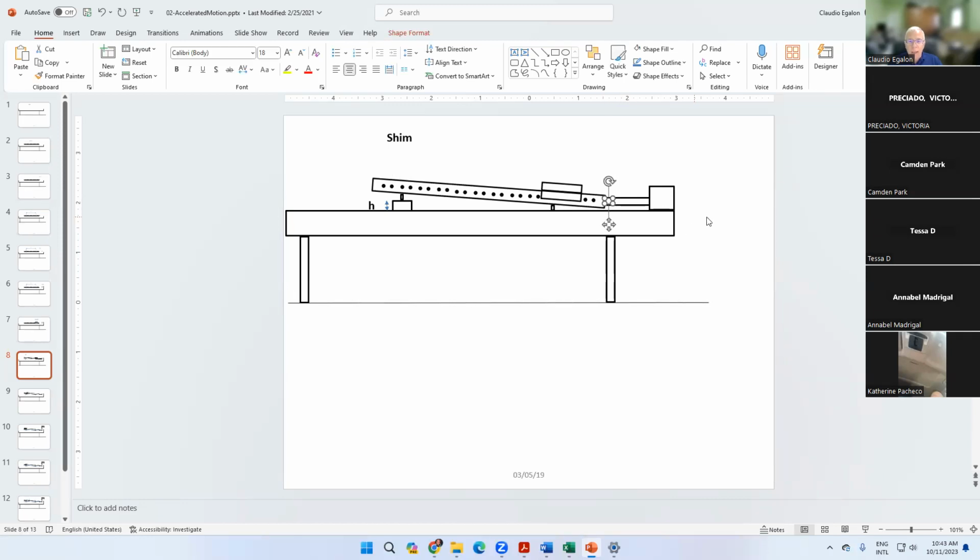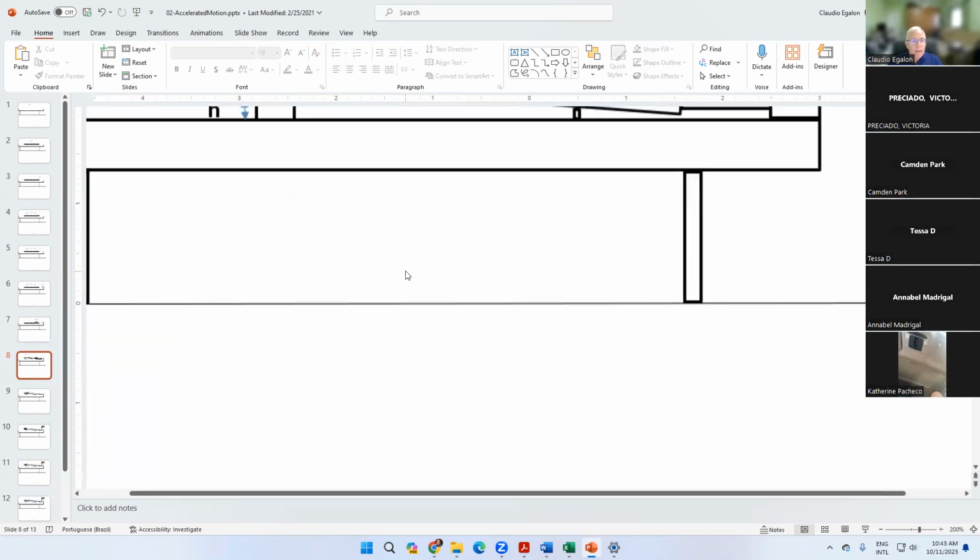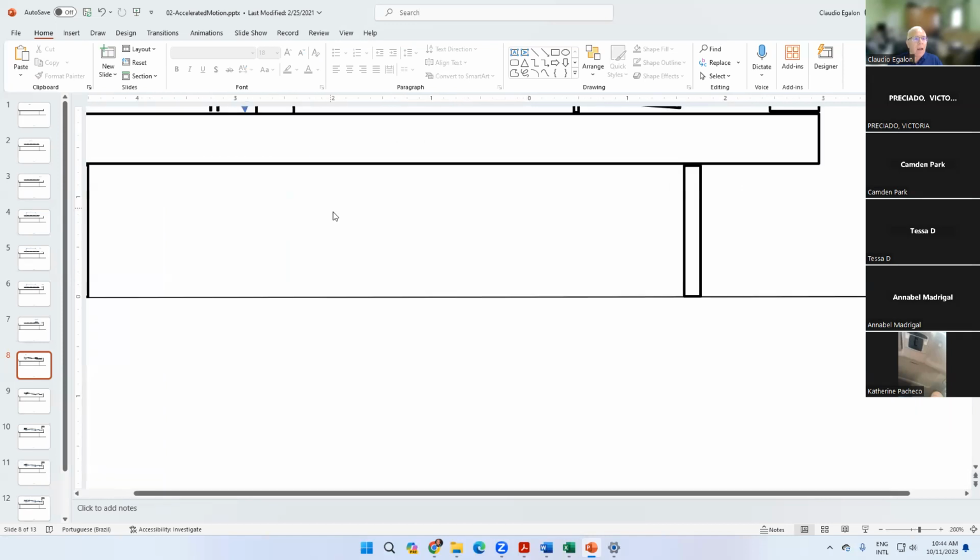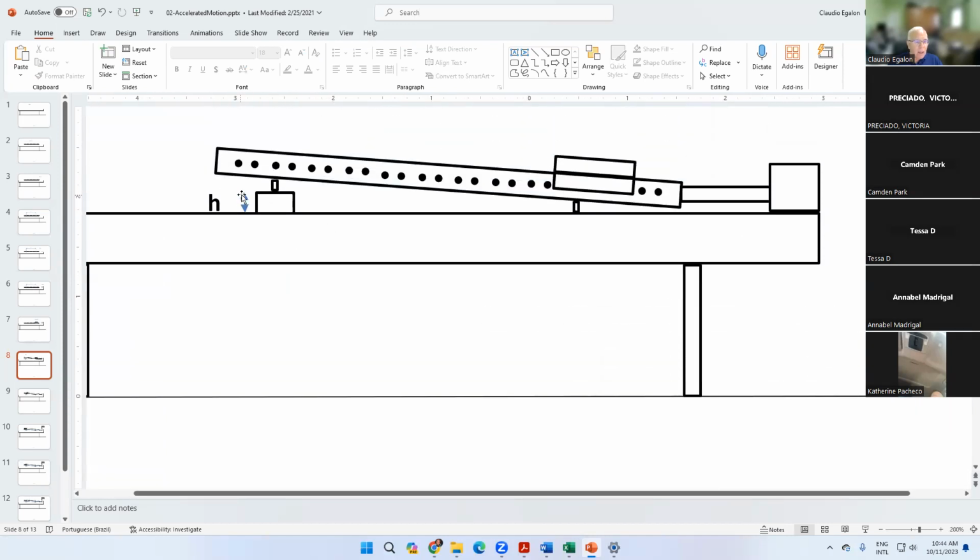The nozzle, okay. But this H is so small, right? There you go. So difficult to see. Okay, and well, by inclining the track, this cart will move with constant acceleration. Okay.